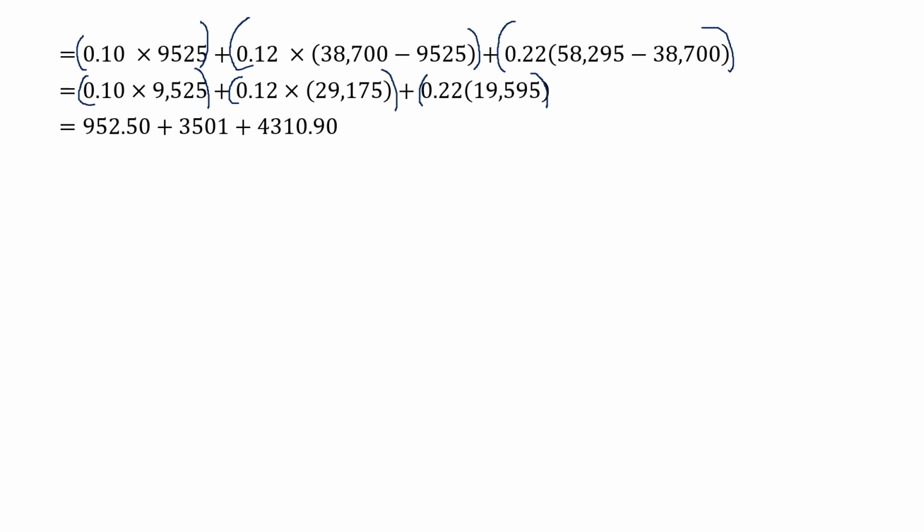That lets us add together $952.50 plus 12% of 29,175 is $3,501, and 22% of 19,595 is $4,310.90. The sum of which is $8,764.40. We compute our income tax as the tax computation minus tax credits.